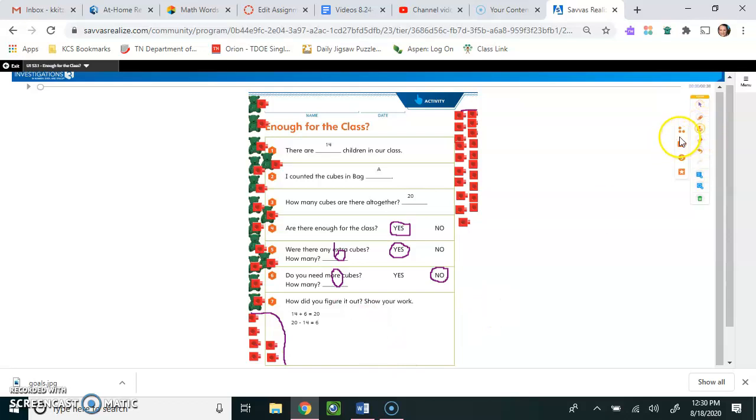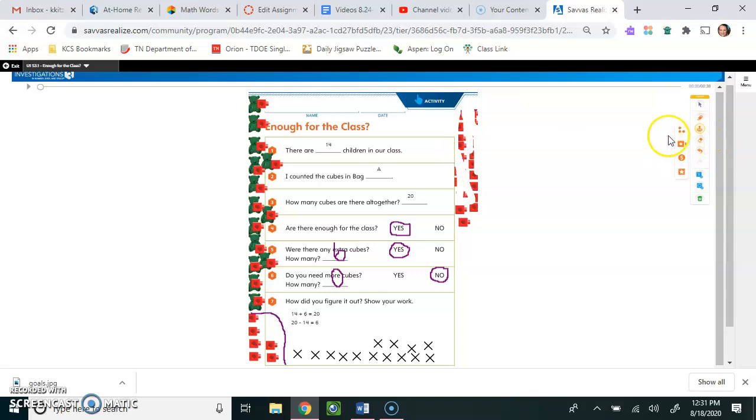You could have drawn a picture and drawn out your bears. 1, 2, 3, 4, 5, 6, 7, 8, 9, 10, 11, 12, 13, 14. And then you could have given them out the 20 cubes. I'm going to erase this over here so we don't get confused.